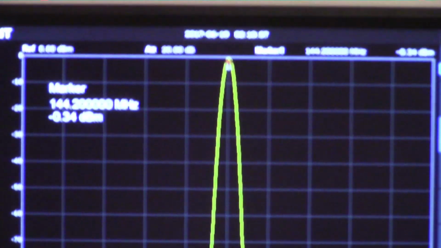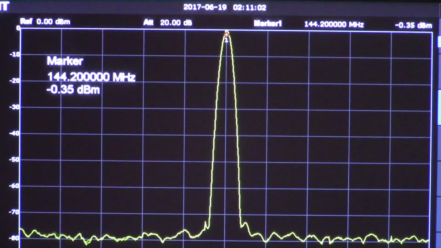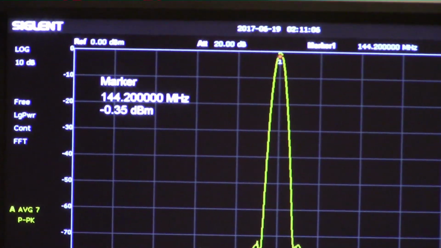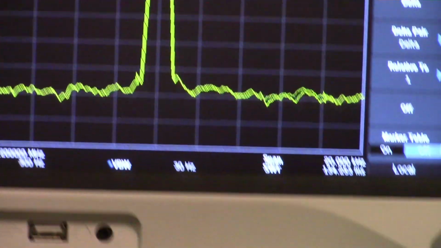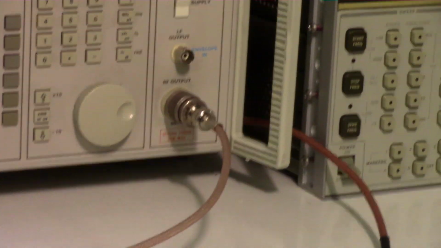The spectrum analyzer seems to be in pretty close agreement. 144.2 is showing minus roughly 0.35 dBm, and that's pretty understandable given the fact that I'm going through an adapter, a connector, and about 5 feet of cable. We've got more RF connectors that the signal has to pass through here.